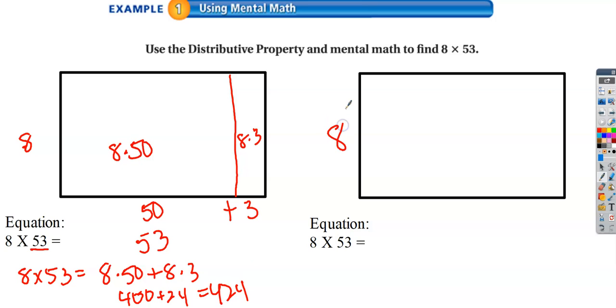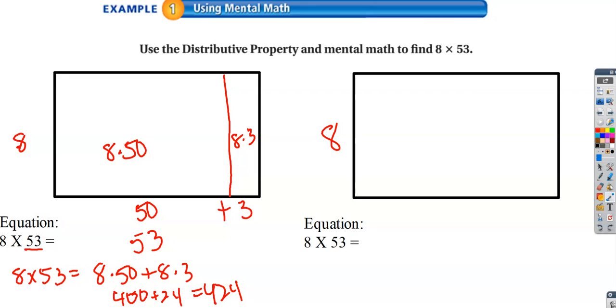Now, your teacher might have asked you to come up with some other interesting ways to break up 53. Maybe this time you thought, let me undo that. Let's grab the line and make a line segment.